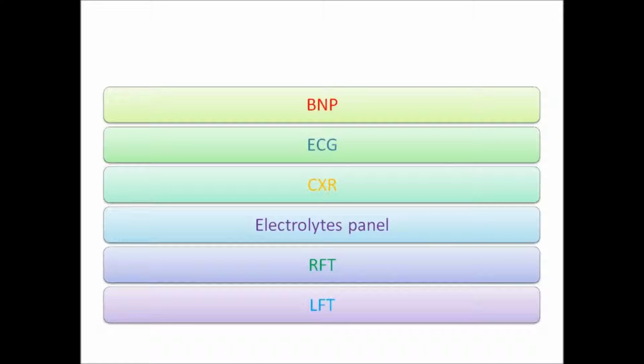So this substance is released from the ventricles, and its level increases when there is stretch by volume or pressure overload, and this is what occurs in heart failure. This test is actually a sensitive but non-specific test. When the level of the substance is very high, it becomes specific for heart failure.